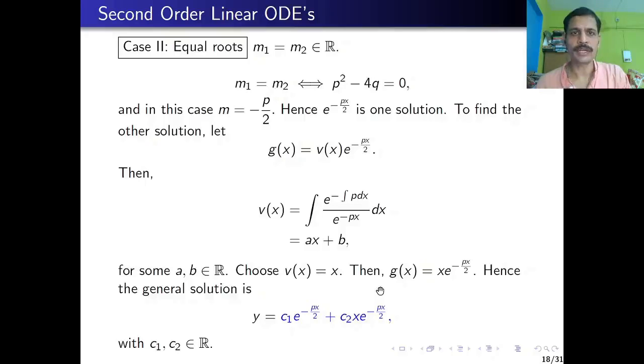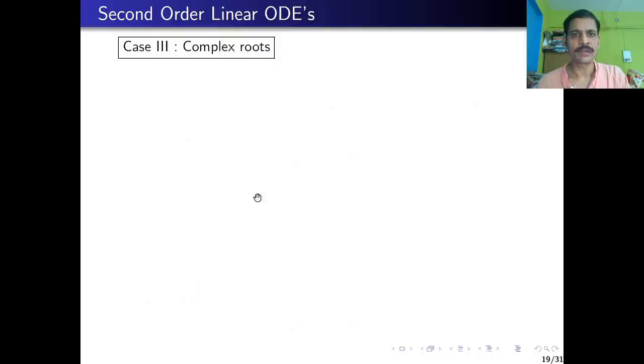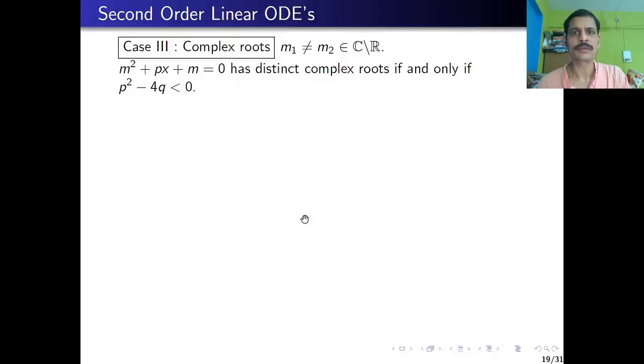So the only remaining case is the case where the roots are complex roots. Of course, the complex roots are not equal. So m1 is not equal to m2, they belong to the complex numbers and they are not real numbers.